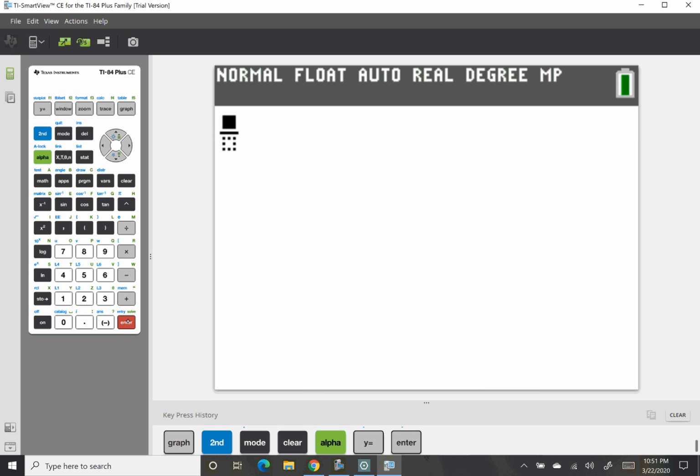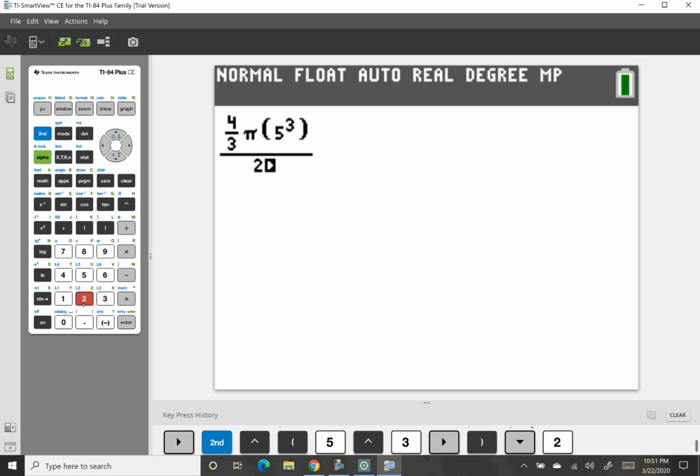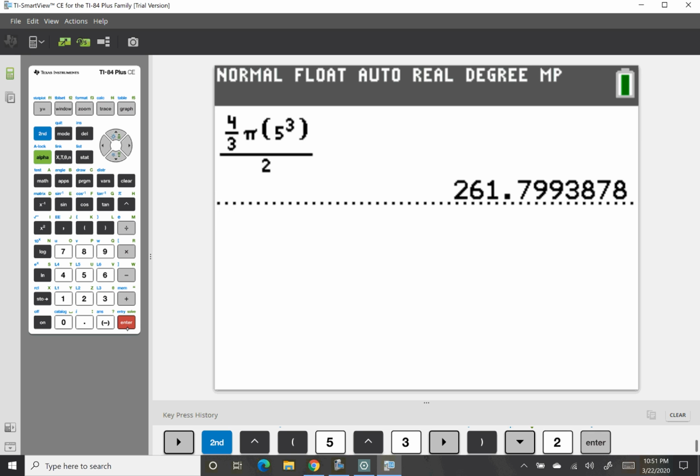You can even do that again for the 4/3. All right, so you do 4/3 times pi times 5 to the 3rd power. And that's all divided by 2. So I'm typing it all in my calculator all at one time. If you have an older calculator, do the numerator first, hit enter, and then divide it by 2.